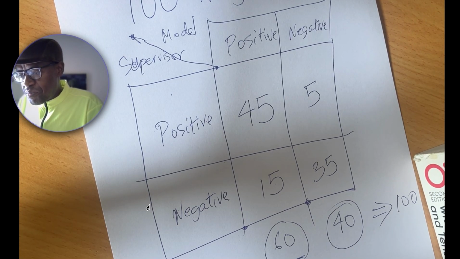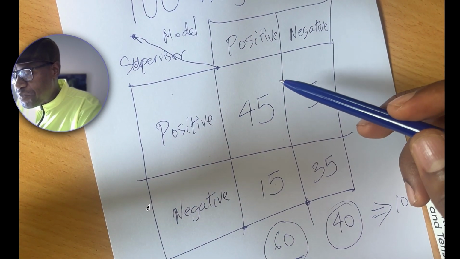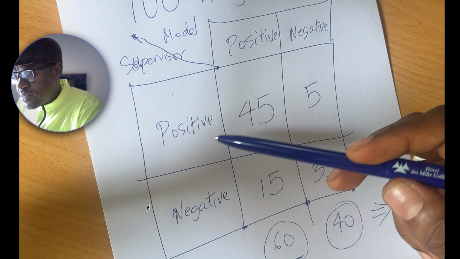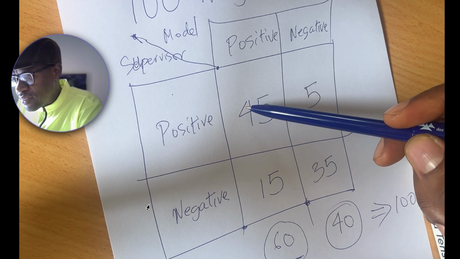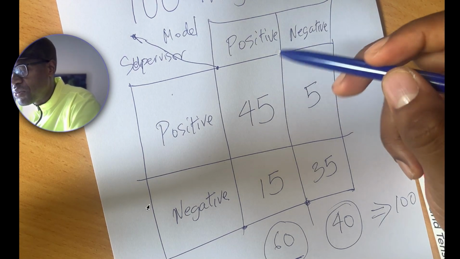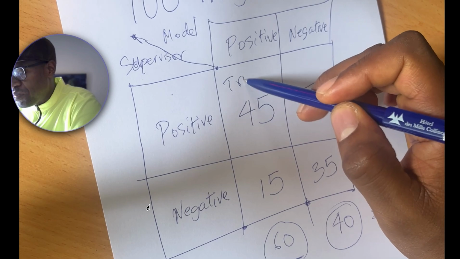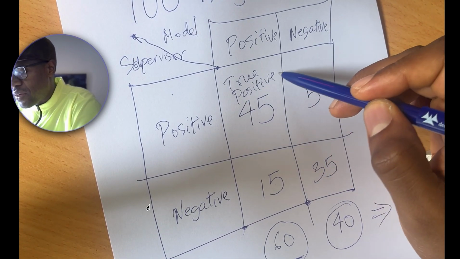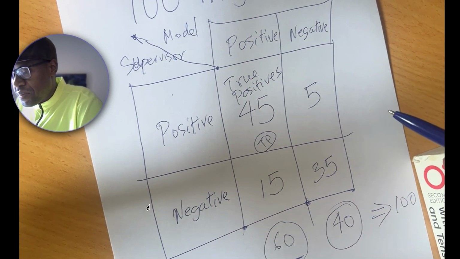So this 45 is called true positive. True positive means the model sees the object where the supervisor sees the object too. They agree. So these are true positives, or TPs.